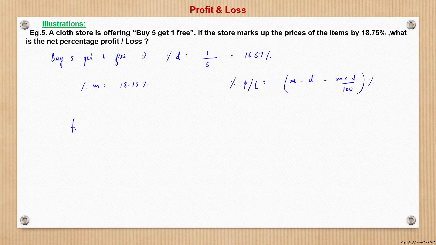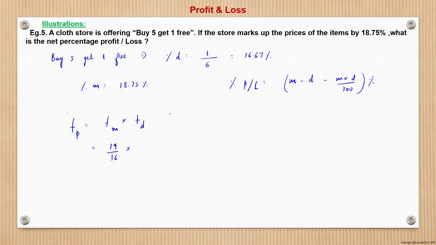So what we will use is the multiplying factor for profit equals multiplying factor for markup into multiplying factor for discount. Profit we do not know, that we have to find. Multiplying factor for markup means an increment of 18.75%. 18.75% means 3 by 16. Increment of 3 by 16 over 1, that is 19 by 16.